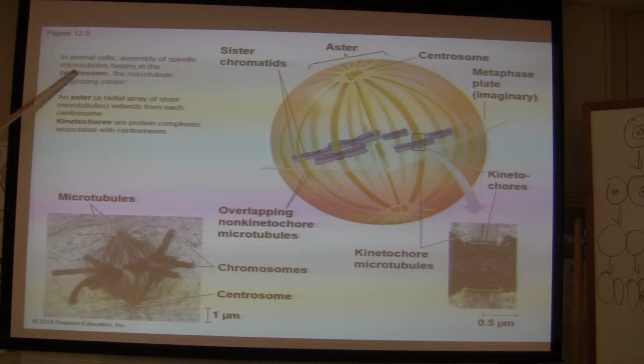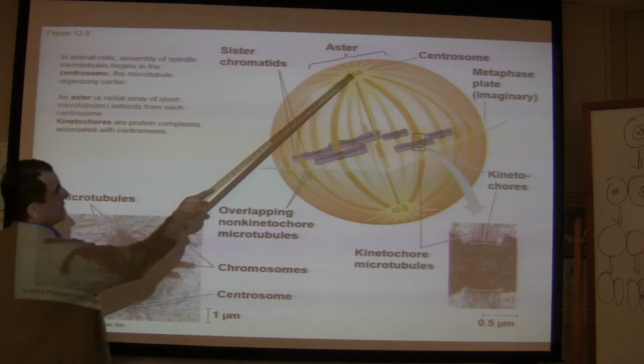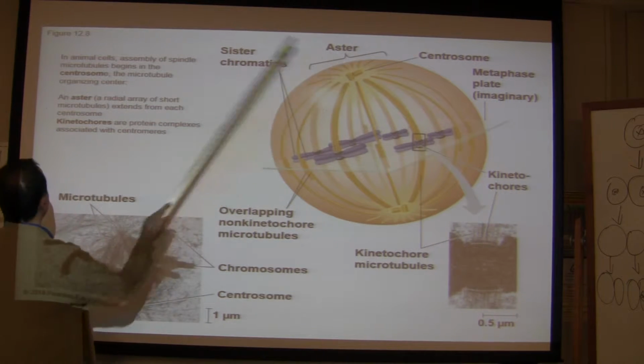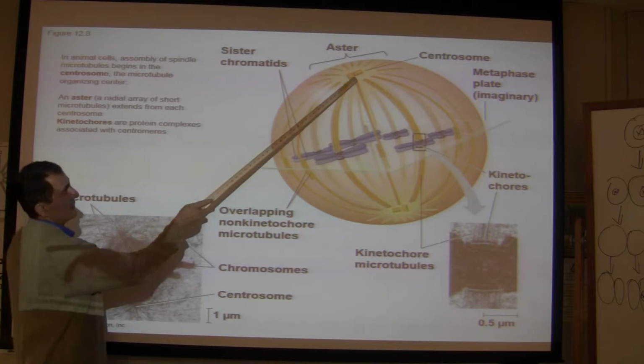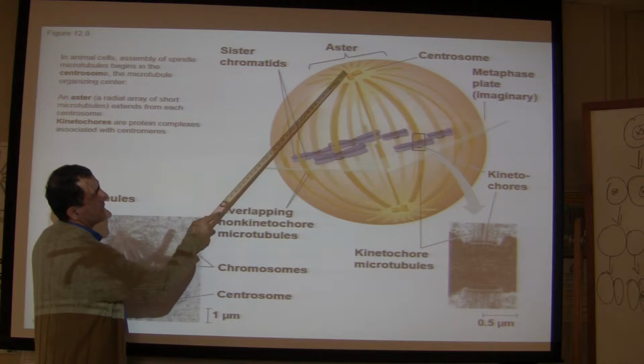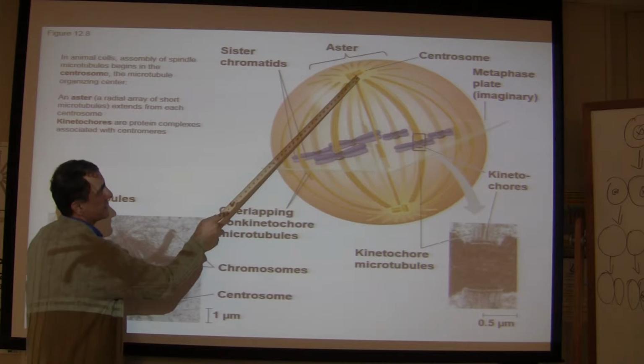In animal cells, assembly of spindle microtubules begins in the centrosome, right here, the microtubule organizing center. So what is the definition of a centrosome? It is a microtubule organizing center.